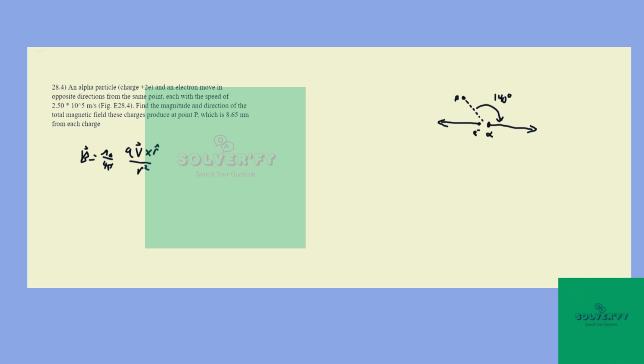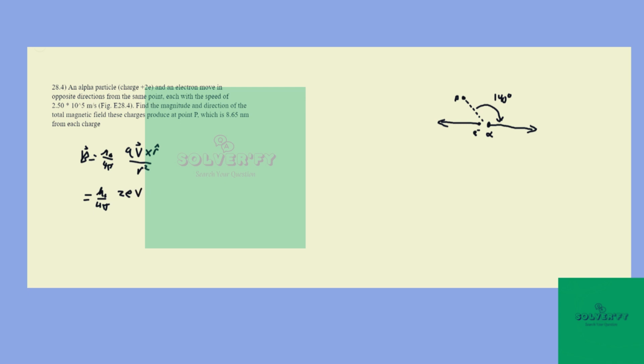So I'm going to start off with the equation for the alpha particle. So that's going to be mu naught over 4 pi. And Q is 2e, so that's going to be electron charge here. And then we have the value for V, 2.5 times 10 to the 5.